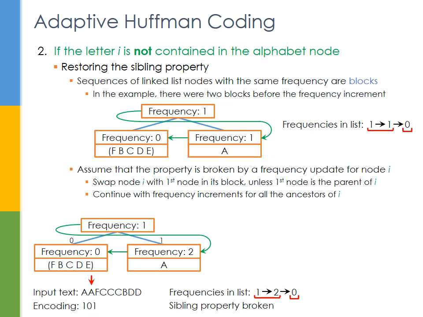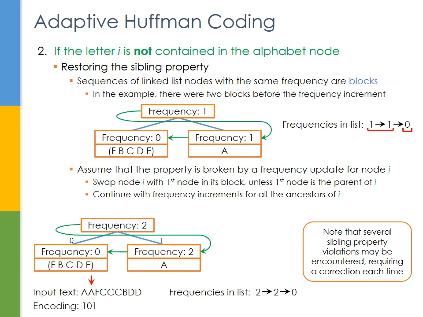So we just increment that frequency by 1, and now it's been updated to 2. If we look at the frequencies within our list, we now have a frequency of 2, followed by 2, followed by 0 if we follow our linked list in order. So we see that we have no increase in frequencies in order. The frequencies either remain the same or they decrease, which means that we have restored our sibling property.